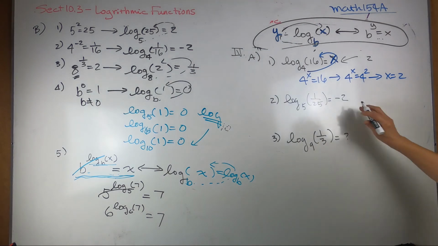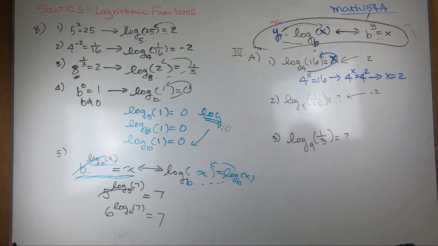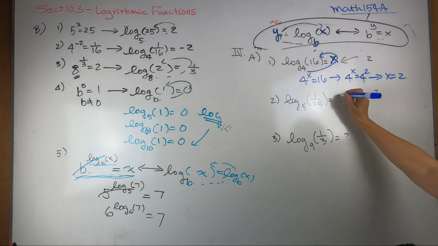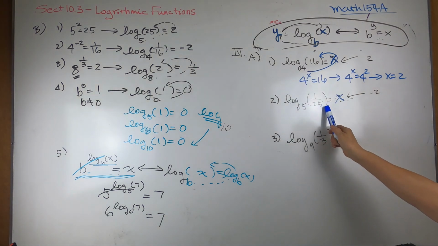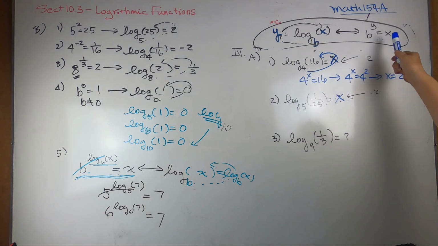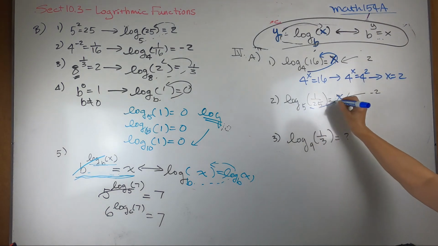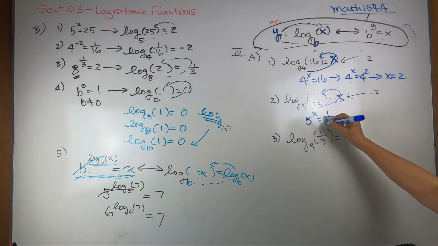Then for this one, we say, okay, it's a -2. But when you're actually doing it, if you don't see it right away, you put x here. Then you will rewrite this log back to an exponential equation. You hook it, 5 to the x power is 1/25.